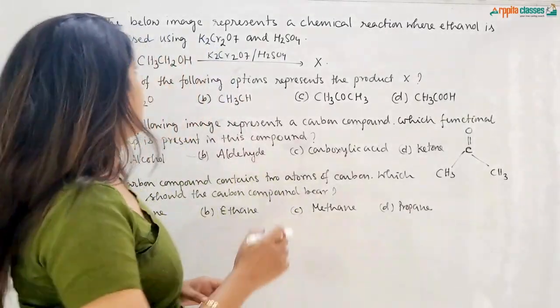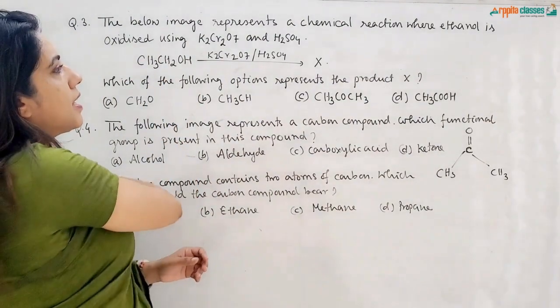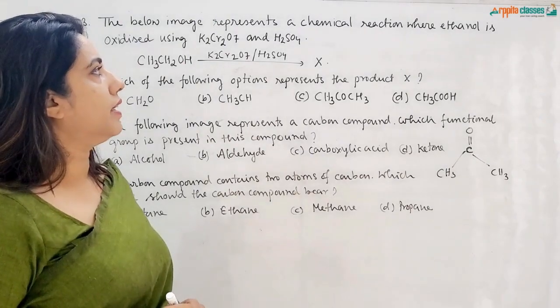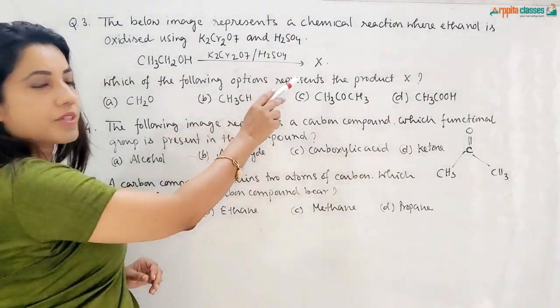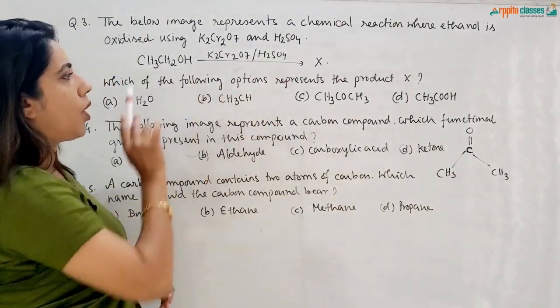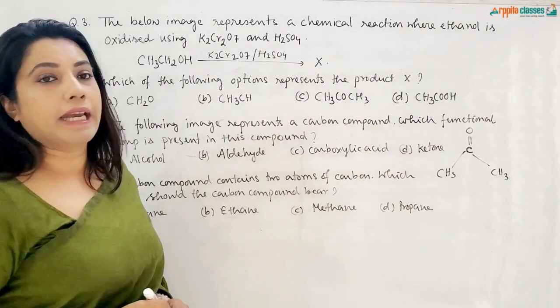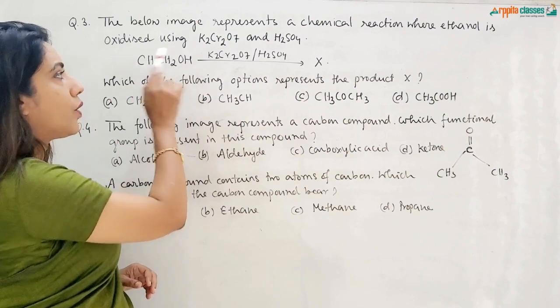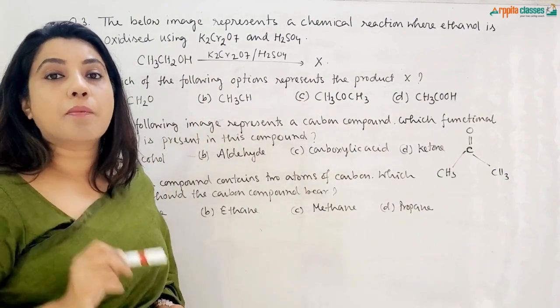The next question is, the below image represents a chemical reaction where ethanol is oxidized using K2Cr2O7 and H2SO4. This is a reaction that gives you X. Which of the following options represent the product X? So we know that when a primary alcohol, or whenever an alcohol, is oxidized, it gives us a carboxylic acid.